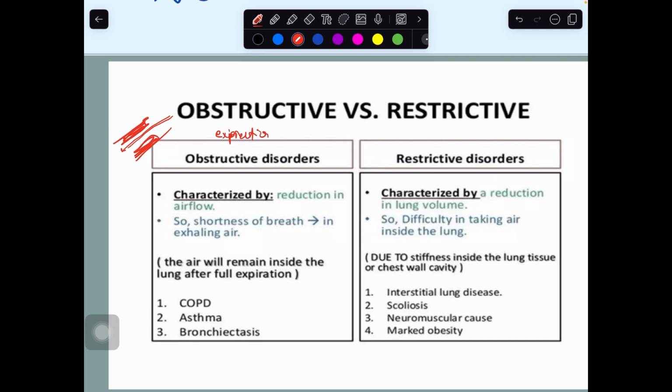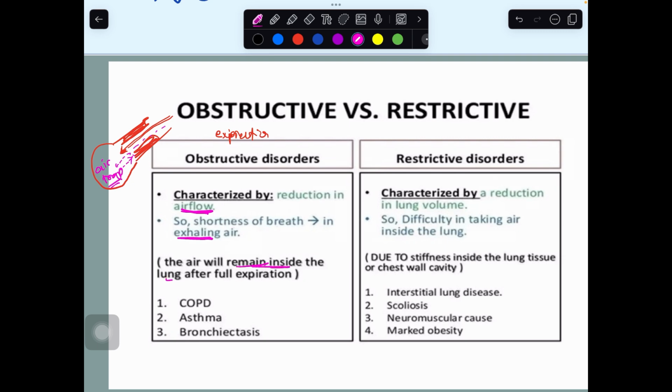So the air will come in. Okay? But the problem is in expiration. When I try to expire this air, since it's a passive process, this obstruction will prevent it from fully leaving, and some air will end up getting trapped. So this is very important to understand. So here there is a reduction in airflow, there is a problem in exhalation of air, and so the air will remain inside of the lung.